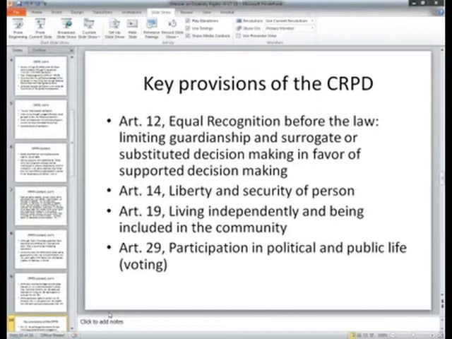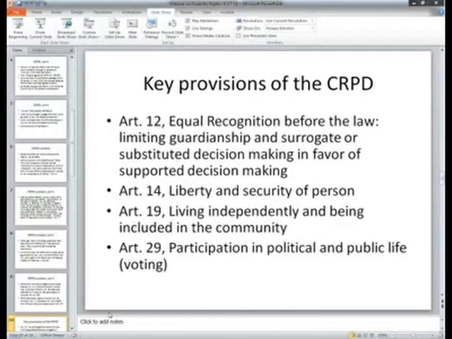It's gotten a lot of attention in various quarters internationally and increasingly actually even domestically. Article 14, liberty and security of the person, is an interesting one because it says that state parties shall ensure, among other things, that people with disabilities are not deprived of their liberty unlawfully or arbitrarily, and that any deprivation of liberty is in conformity with the law, and that the existence of a disability shall in no case justify a deprivation of liberty.